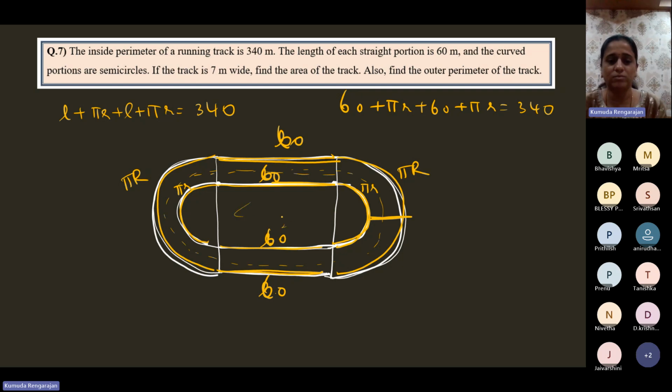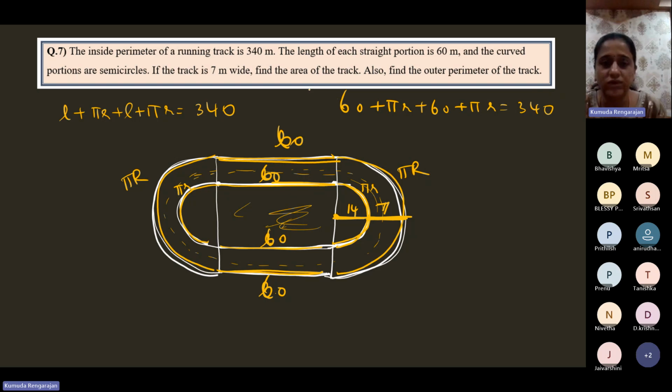So this is the track, and this is the width of the track, which is 7 meters. Once you find the inner radius, supposing this is 14, the inner radius plus the width of the track will give you the outer radius.